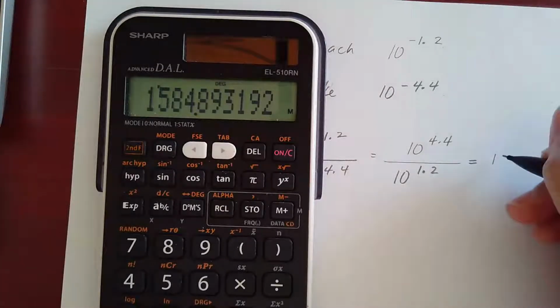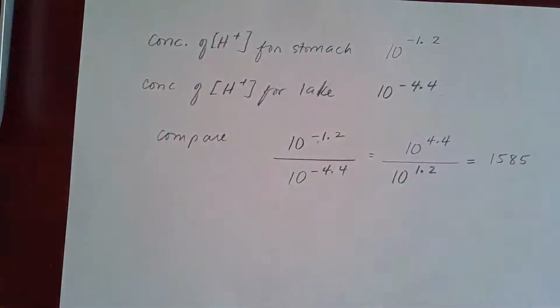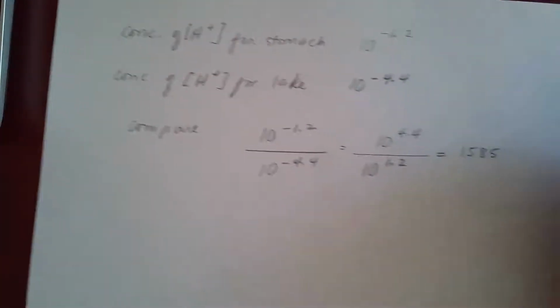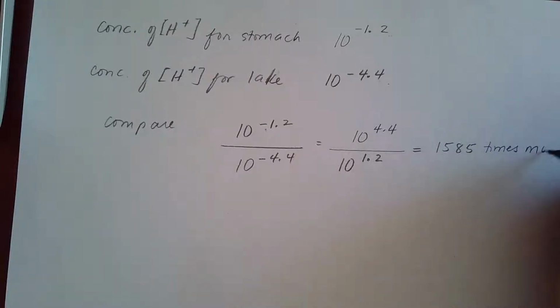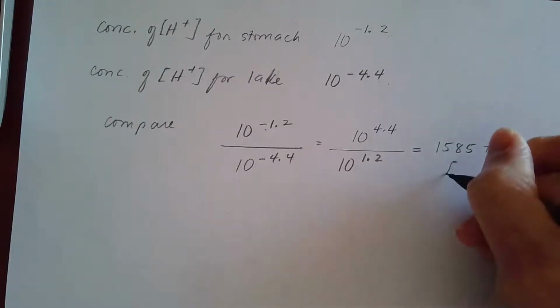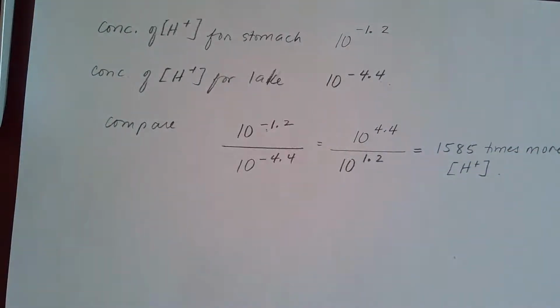And we get 1580, should have been 1585. So it's 1585 times more H plus. Okay, so that's the explanation for that piece.